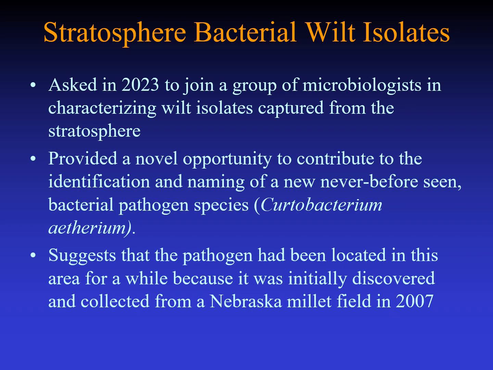In 2023, I was asked to join this group of microbiologists on characterizing wilts, or what they thought were wilt isolates, but they had gotten these from the stratosphere. I don't know how they got down. They just fell down in certain ways. But the thing people were worried about is, oh man, a new one. How are we going to handle this?